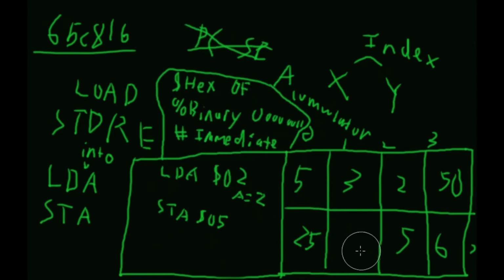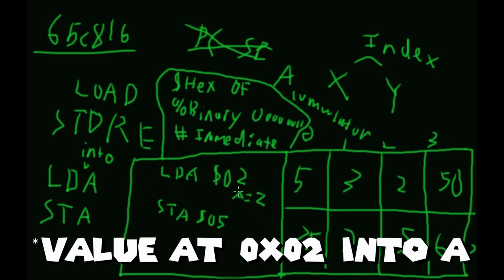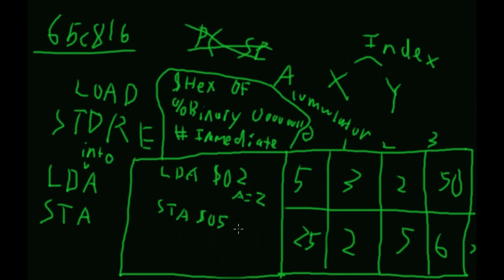It's going to be overridden. Instead, the value at 05 is going to be 2, because we loaded 2 into A and we're storing A into memory address 05.